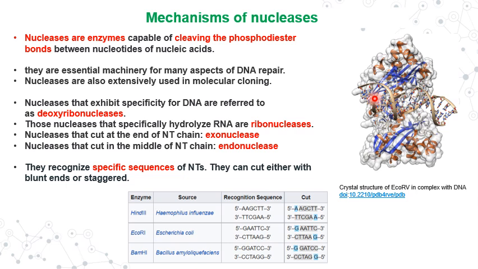So two things are implied in this mechanism. The first thing is that the sequence of the RNA or the DNA that these enzymes recognize is not present in the genome of the cell that is expressing those proteins. So what does that tell you?